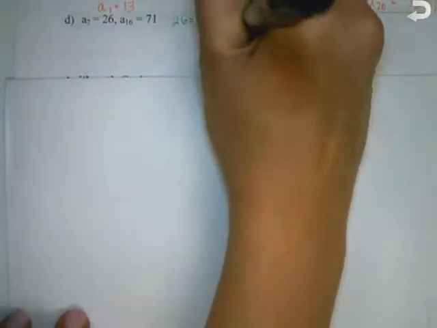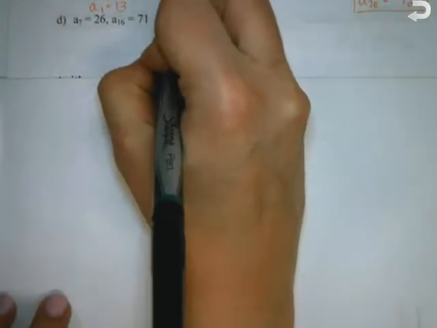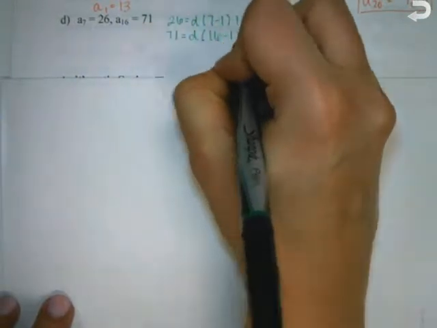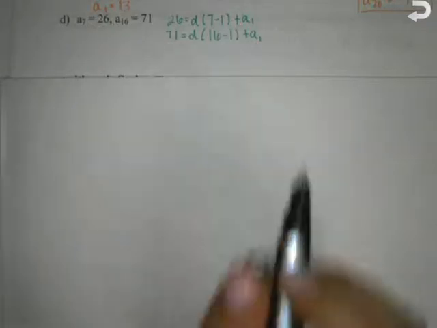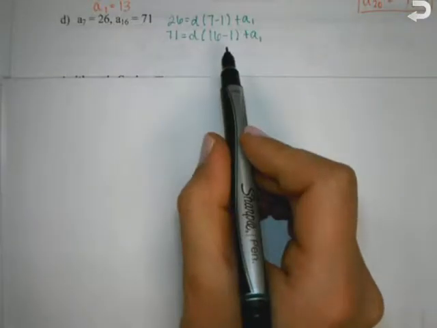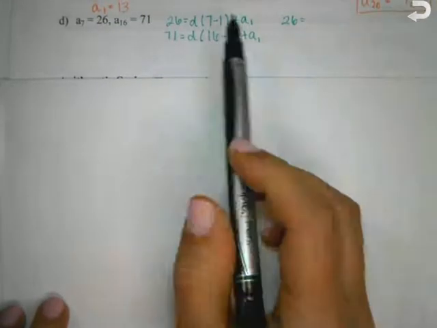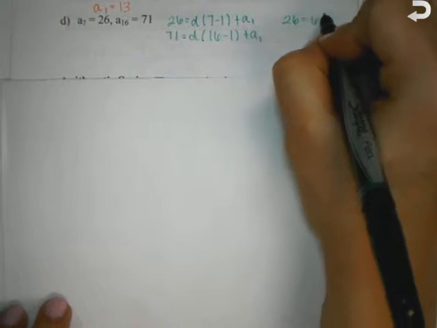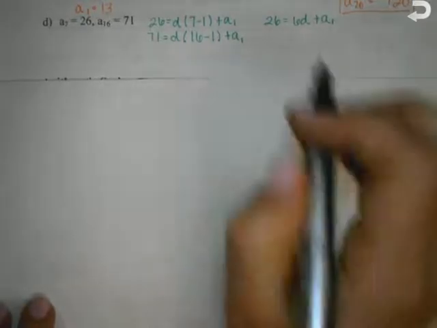And a sub 16, that's 71, equals D times 16 minus 1 plus a sub 1. We can simplify these a little bit, right? This is 26 equals 7 minus 1 gives me 6 times D, so that's 6D plus a sub 1. And 71 equals 15D plus a sub 1.